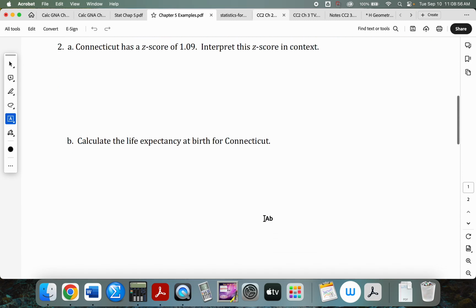Connecticut has a z-score of 1.09. Interpret this z-score in context. So, a z-score of 1.09, excuse me, for the life expectancy of Connecticut.